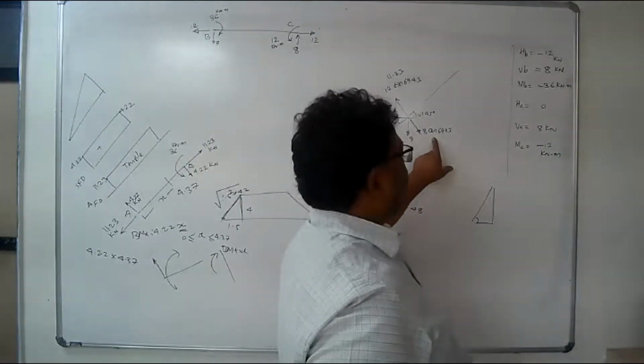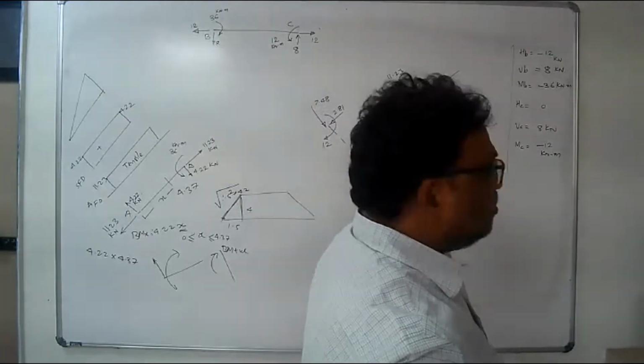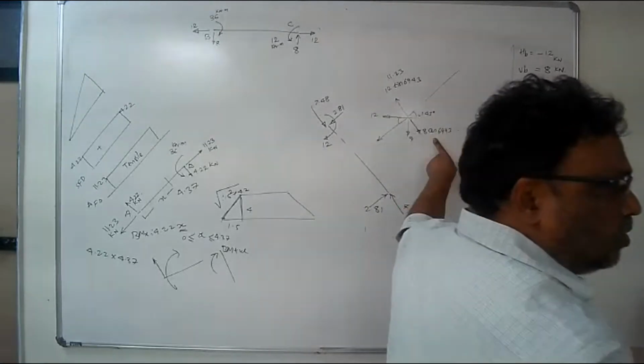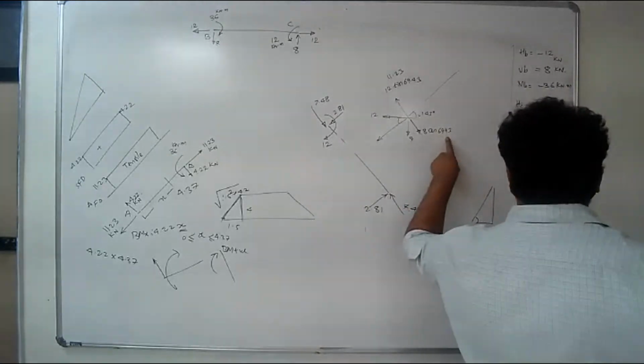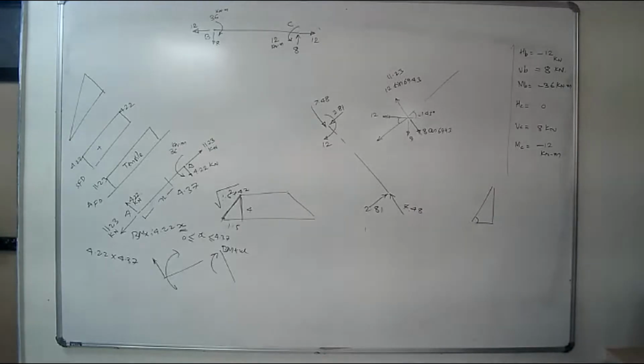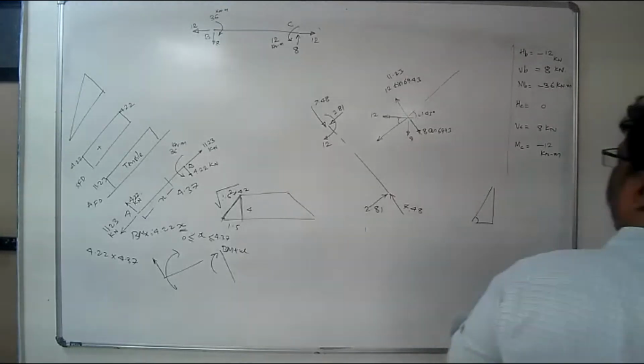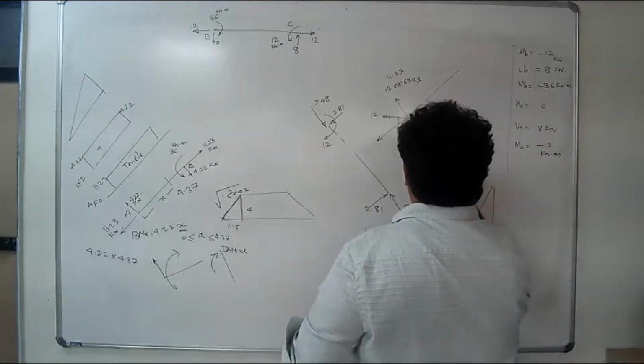How much this is? ये कितना होता है? 8 cos of 69.43, 2.81. So this is 2.81.